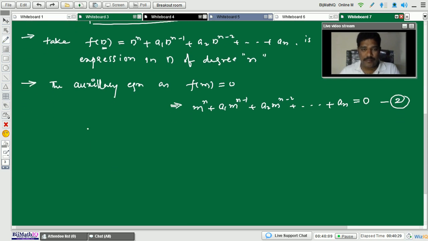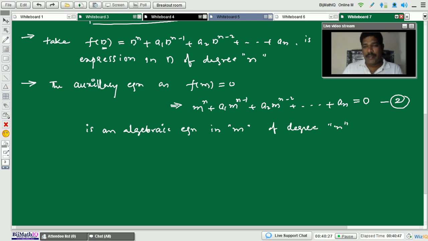It is an algebraic equation in m of degree n. So basically we know, for a second degree algebraic equation, how many solutions are there?